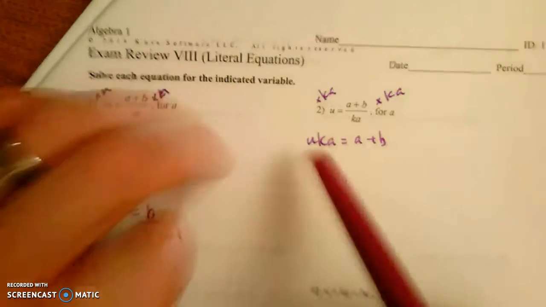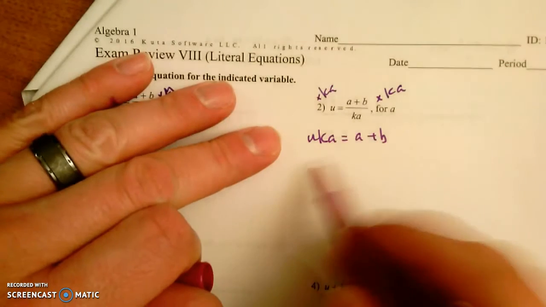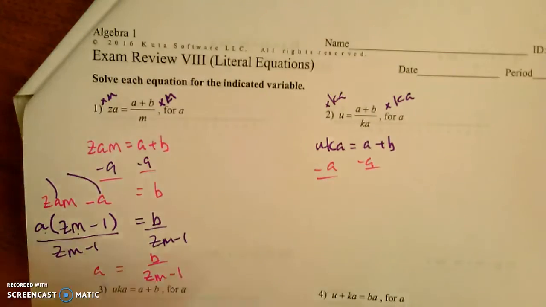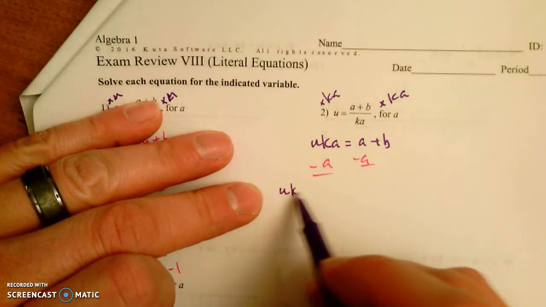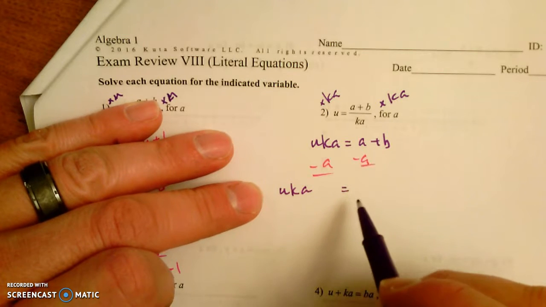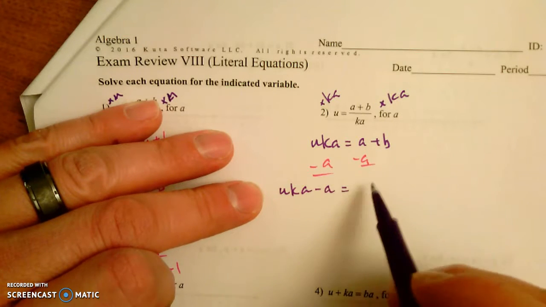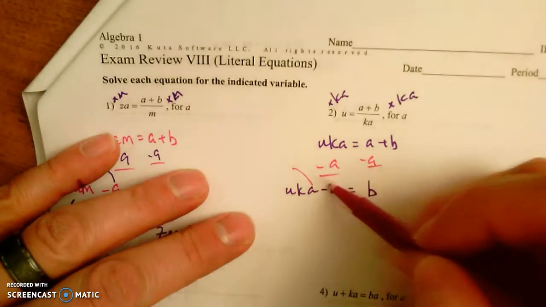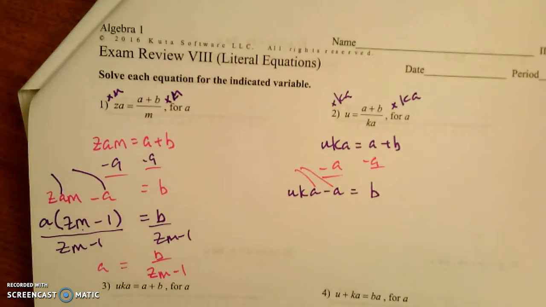Then I'm going to get all my variables on the same side. So I'm going to subtract a from both sides. That gives us uka minus a equals b. And now I'm going to do that reverse distributive property thing by pulling the a's out.